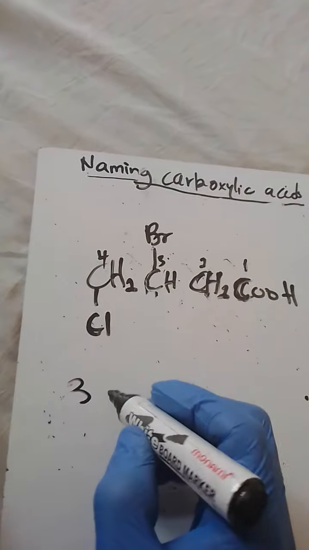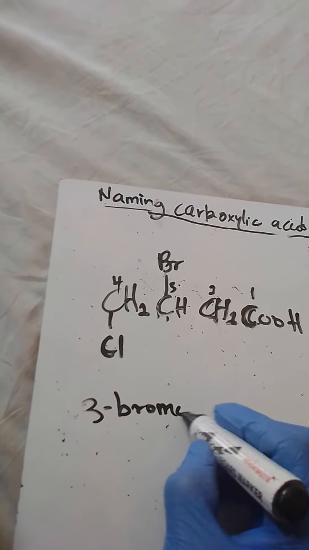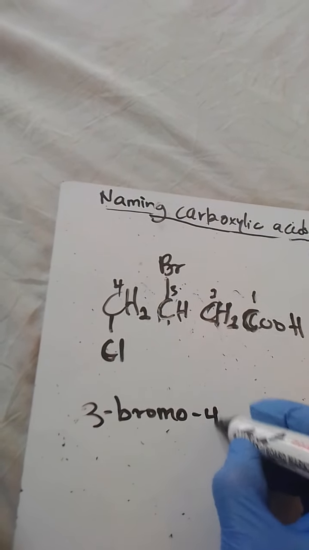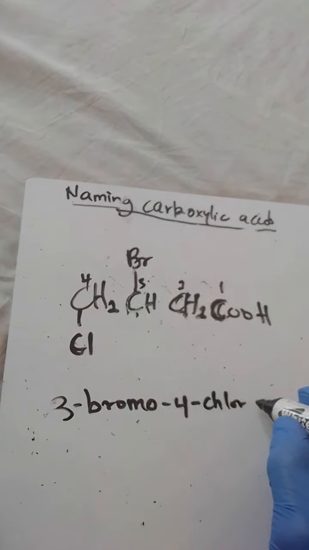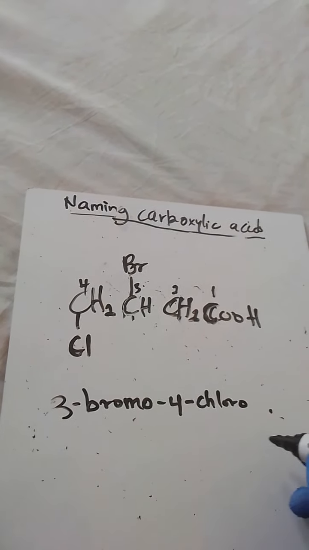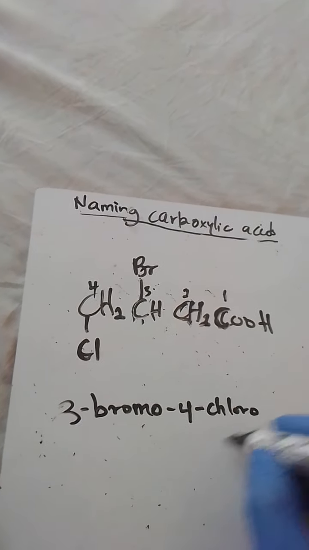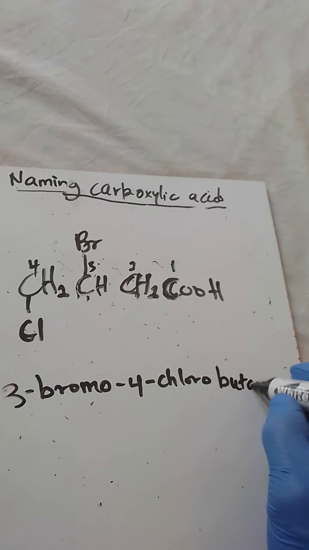So 3-bromo. Then the chlorine is found on the 4th carbon. 4-chloro. Then the parent name comes: butanoic acid.